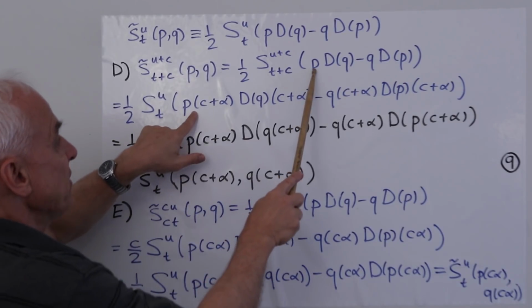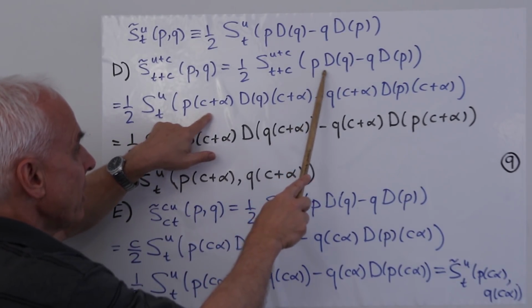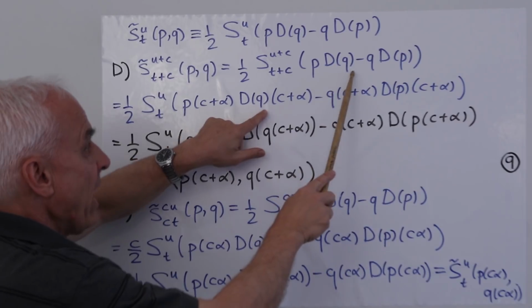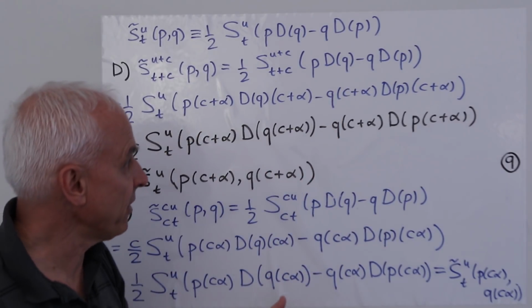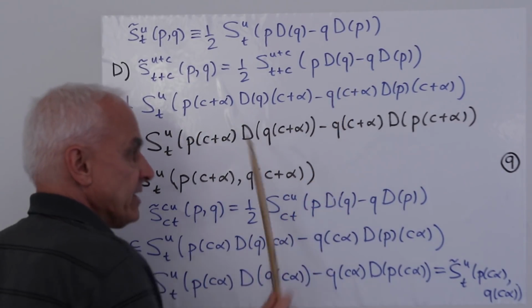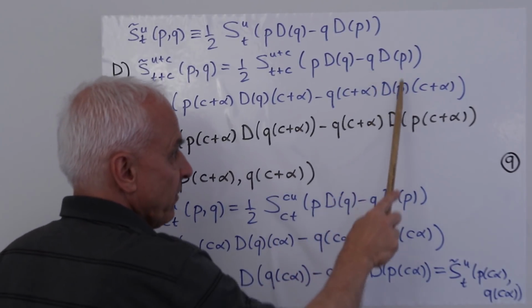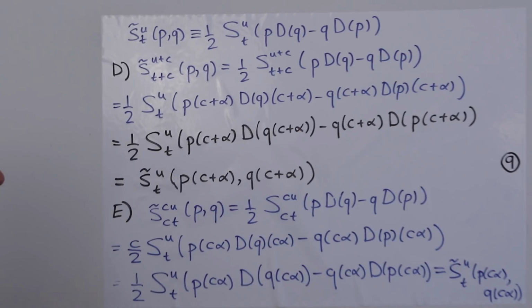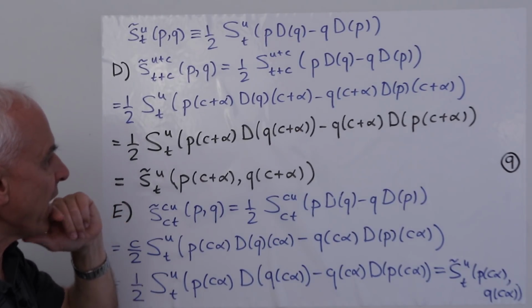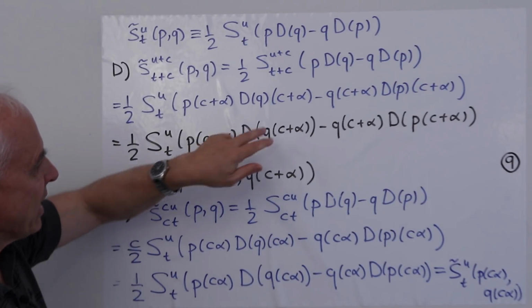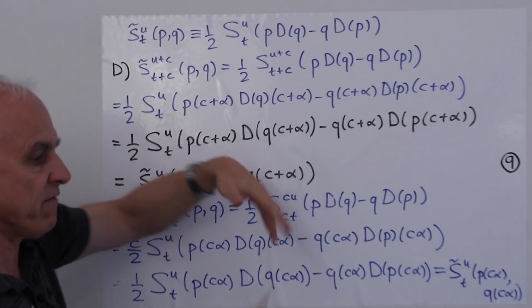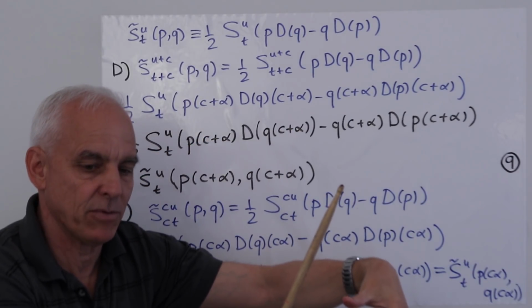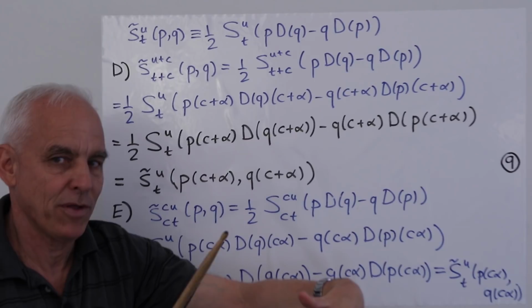So it's p of c plus alpha times the derivative d of q at c plus alpha minus q at c plus alpha times the derivative of p at c plus alpha. And now we have to look at what happens when we take the derivative of something evaluated at c plus alpha, basically translating the derivative.